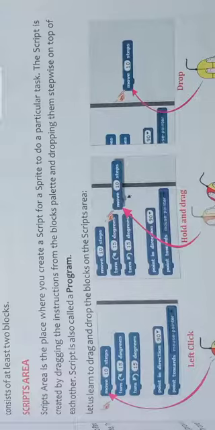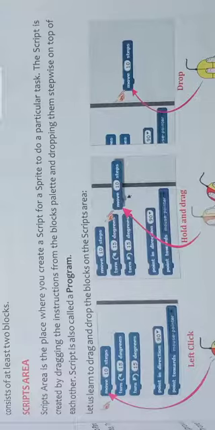The script is created by dragging the instructions from the block palette and dropping them stepwise on top of each other. Okay, they are moving in the upward direction, and whenever a particular block is completed, it will go up and the second block will come in place of that first block.